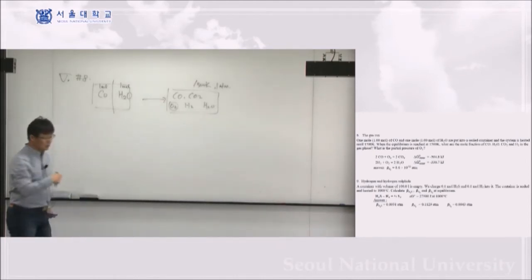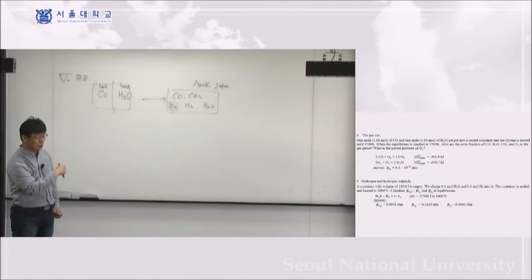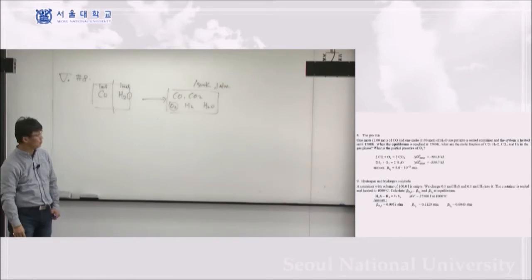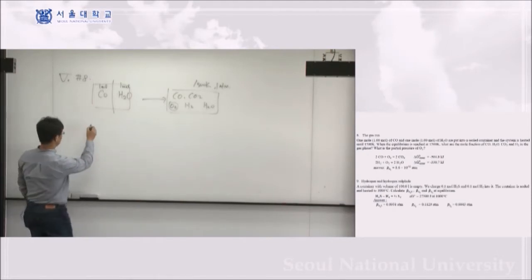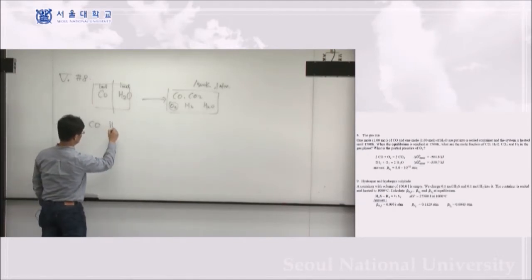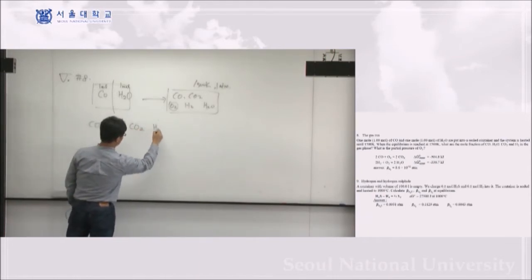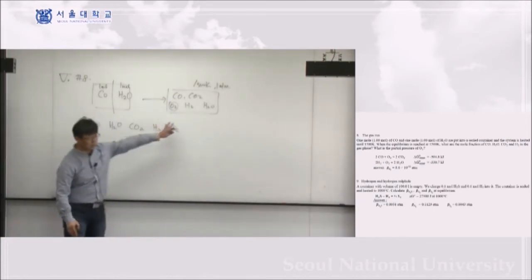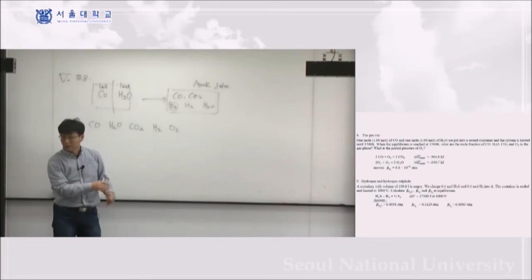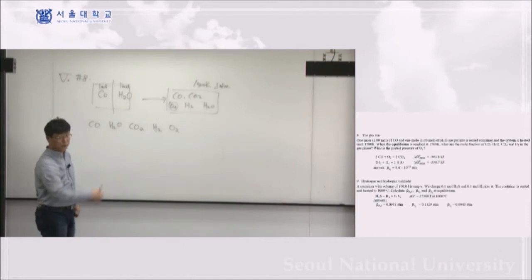Whenever you have this kind of gas reaction or gas-solid reaction, and you want to find the final equilibrium composition, typically we write down the mass balance equation first. So I have CO and H2O, and then some other possible phases are CO2, H2, and O2, for example. If you don't know some of the phases, and you assume that is almost 0, you count it, but let's just put all of them.